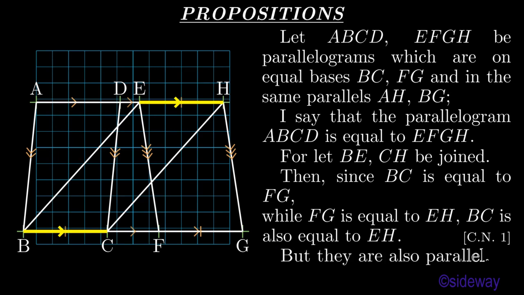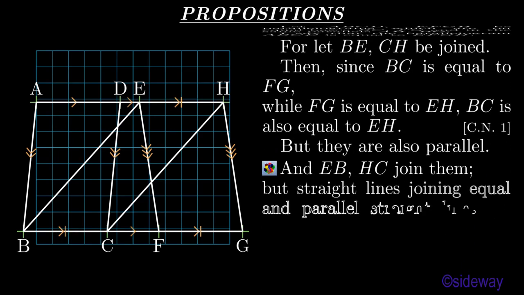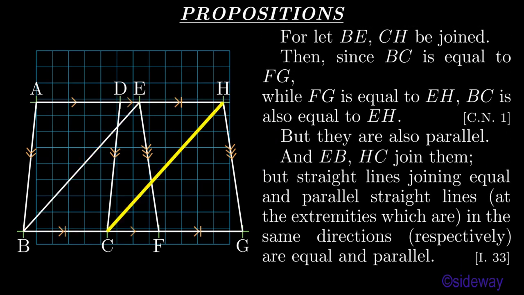But they are also parallel, and EB, HC join them. But straight lines joining equal and parallel straight lines at the extremities which are in the same directions, respectively, are equal and parallel, by Book 1, Proposition 33.